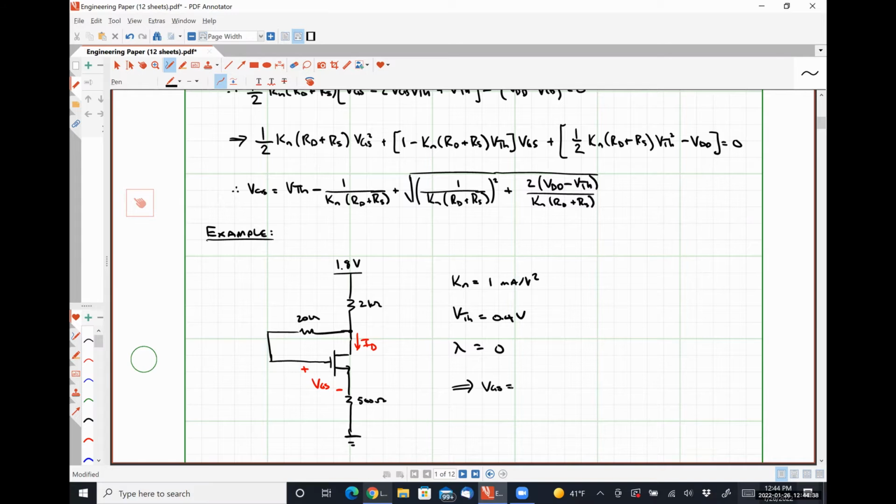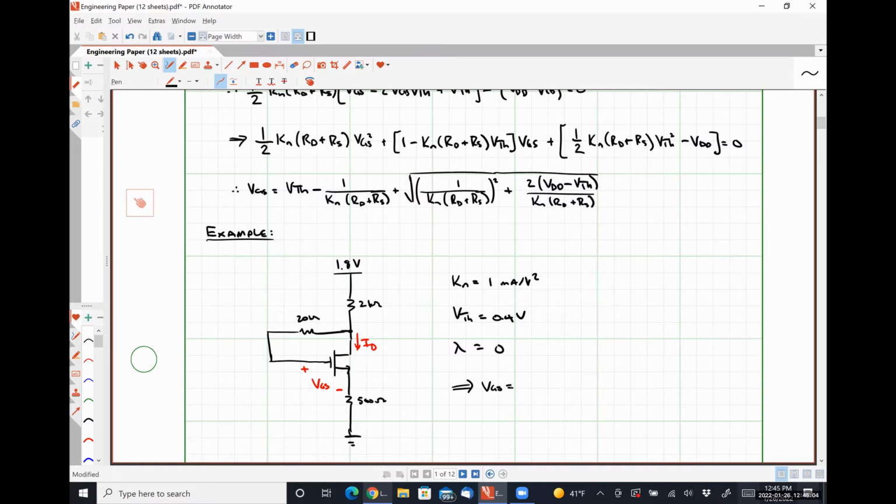One easy thing to do here, if you were trying to do this calculation quickly, would be to save the quantity Kn times Rd plus Rs as a single variable in your calculator. One times 10 to the minus 3, which is Kn, multiplied by Rd plus Rs, which is 2500.